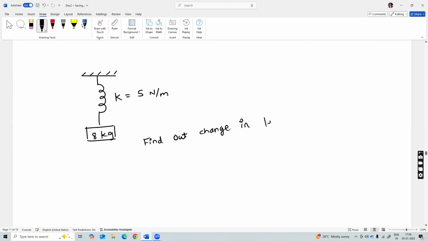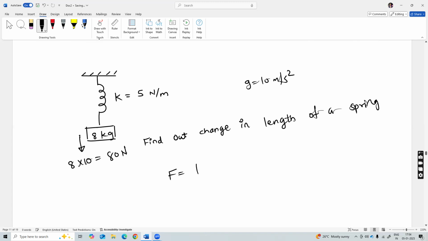If g is 10 meter per second square, the weight, 8 into 10, that is 80 Newton force, will act on the spring. We know that F equal to kx, so 80 will become 5 into x. So x will be equal to 16 meters. This is how you can solve this kind of question.